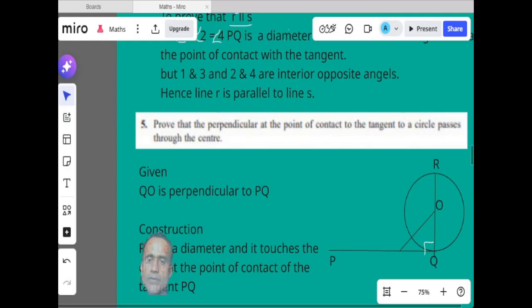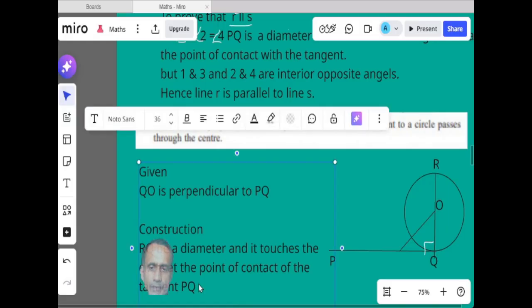Now this is what we do. We take a point R such that RQ is the diameter of the circle and it touches PQ at the same point, where Q is the point of contact. So at the same point, a line drawn from R to the center touches this tangent.